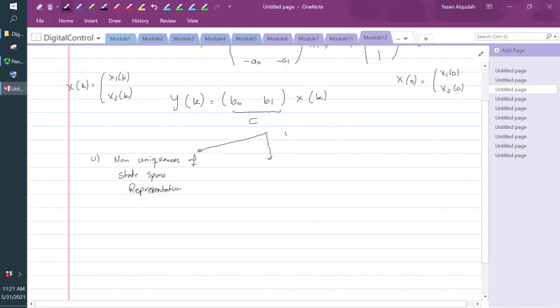Second, we're going to look at how to get the transfer function from state space representation. Then we're going to look at the solution of the discrete time state space equation. And finally, we're going to look at the initial conditions and the observability.